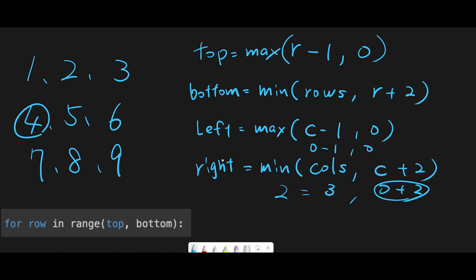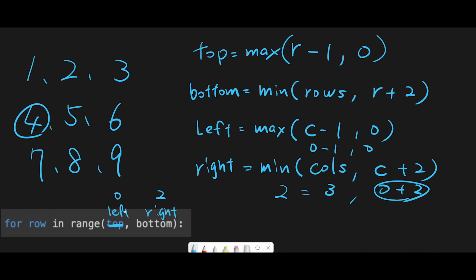So in the end, this is a for loop for the row side, but we also have a for loop for the column side. In that case, start should be left and end should be right. In this case, left is 0 and right should be 2.